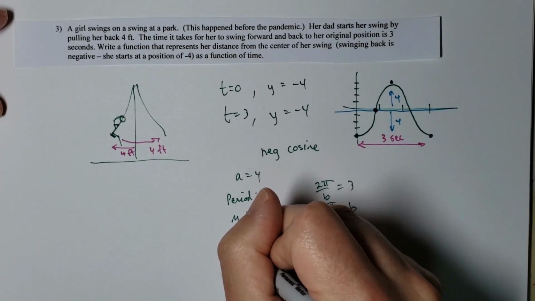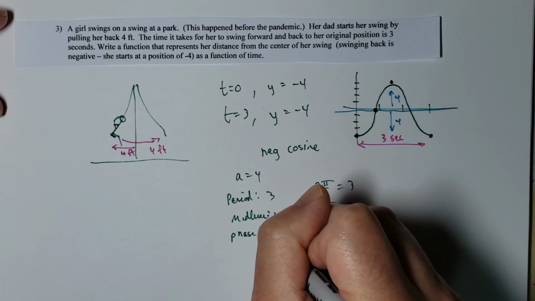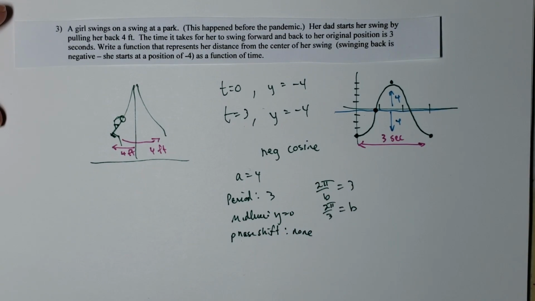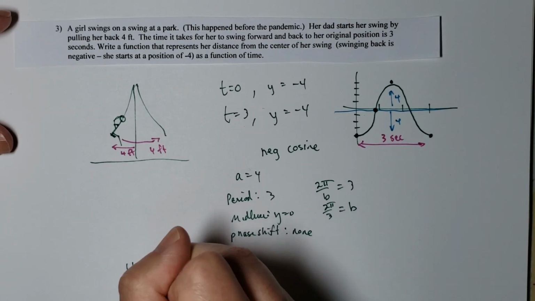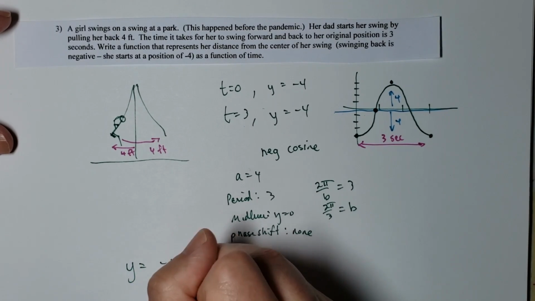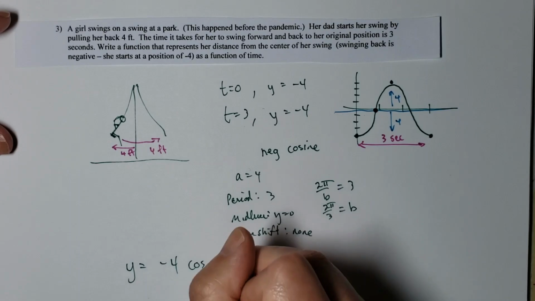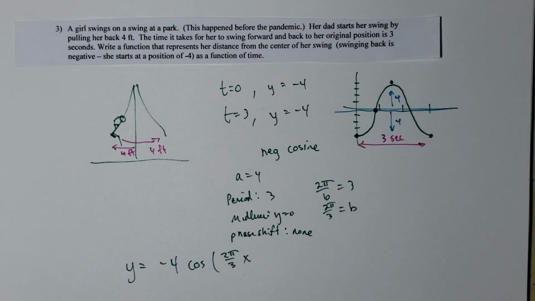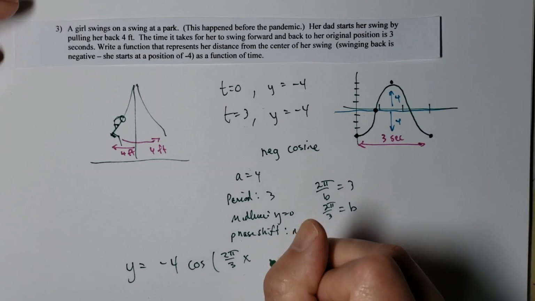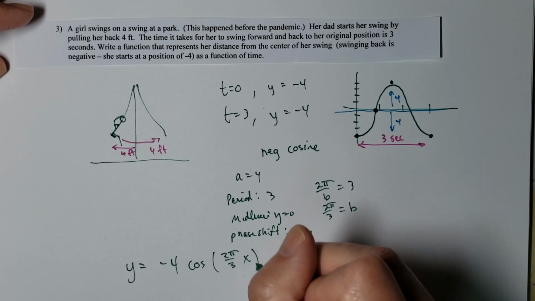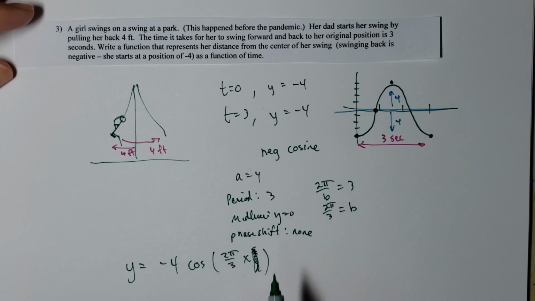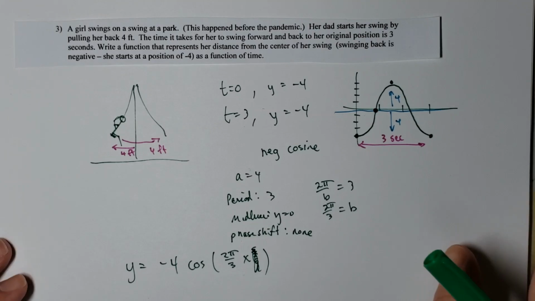And the phase shift is none, so c is 0. Then we can put this all together and say that we have y equals -4 cosine 2 pi over 3 t. I should be using t if I'm saying t equals 0. There's no c or d, so it's just that.